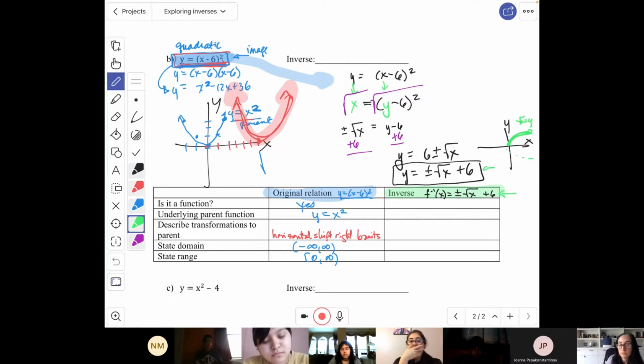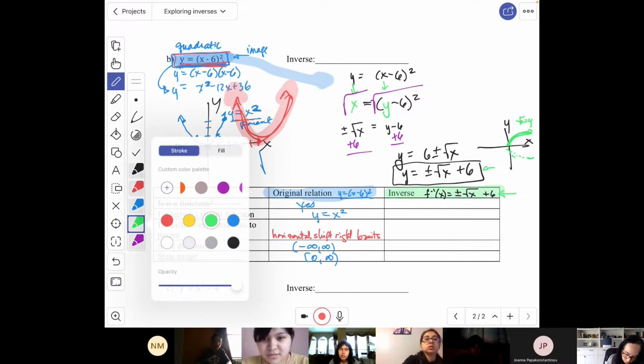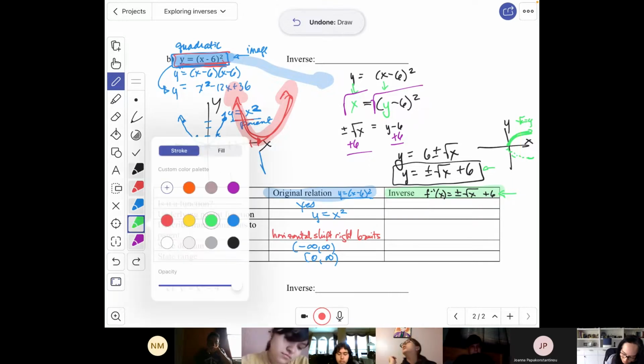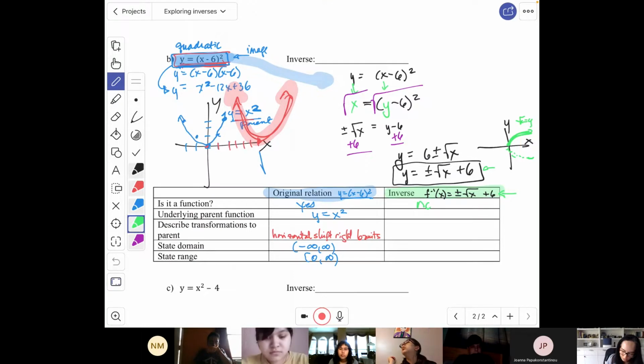Is it a function? Knowing that it looks like this, is it a function? Yes or no? If I draw a vertical line there, I'm passing through it twice, right? You're right. So it's not a function. So no. The inverse is not a function.